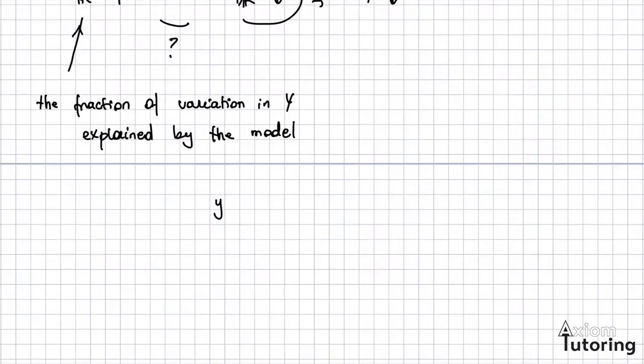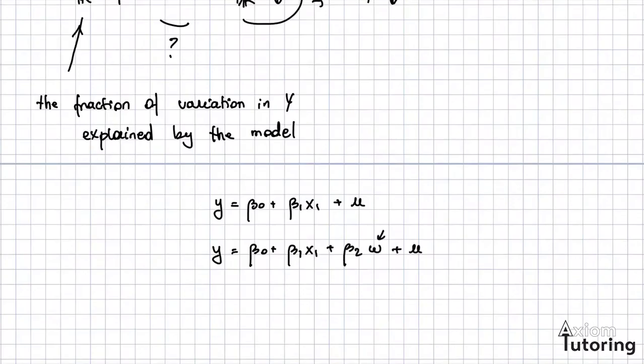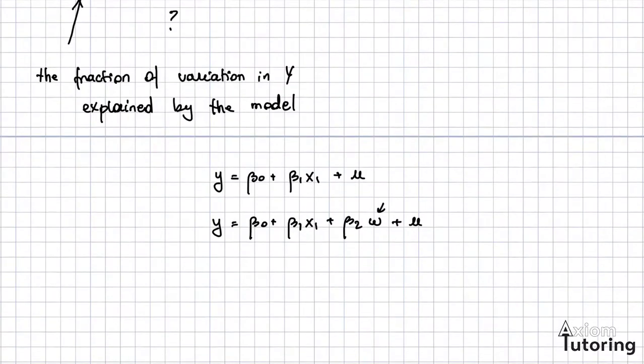Imagine that we start with a model that is simply y equals beta 0 plus beta 1 x1 plus an error term u. Now you add, let's say, a completely irrelevant variable, so that is just pure noise. It means your model next would be y equals beta 0 plus beta 1 x1 plus beta 2 w plus u, and this w is the completely irrelevant variable. In those kinds of cases, let's say that the R squared of the first model was 0.2.